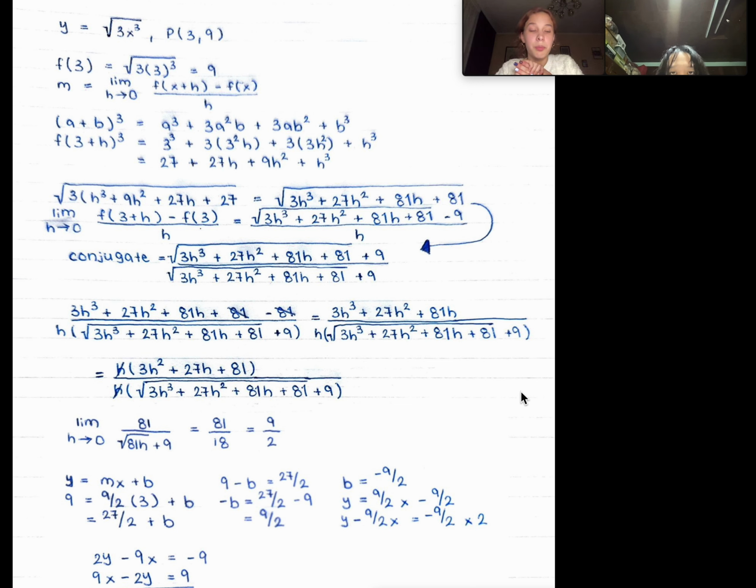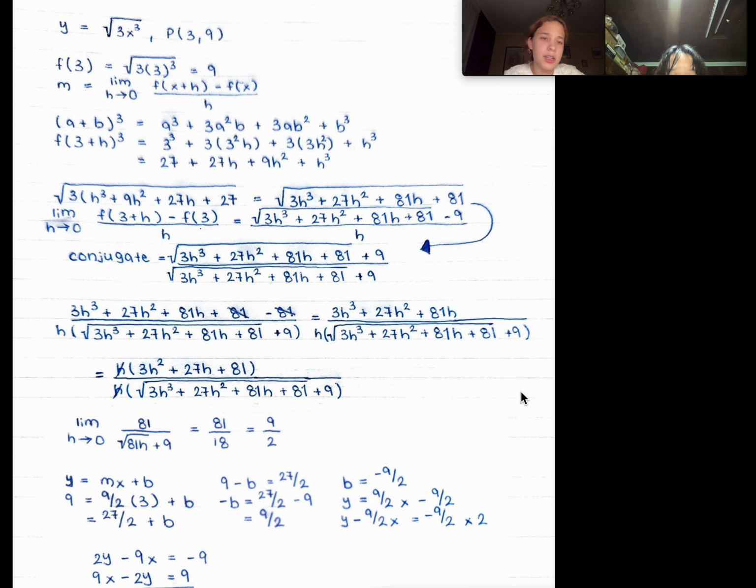Then it's the part that we were all waiting for, which is substituting the 0 instead of h by using the limit as h approaches 0. So we can substitute the 0 instead of h. And then we will have 81 divided by 18, which is 9 over 2. And we are basically done with finding the slope of the tangent.